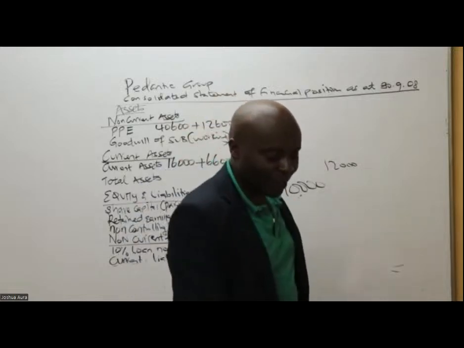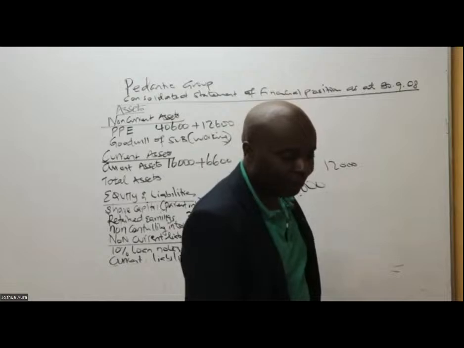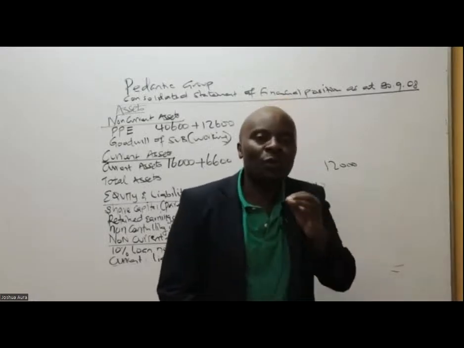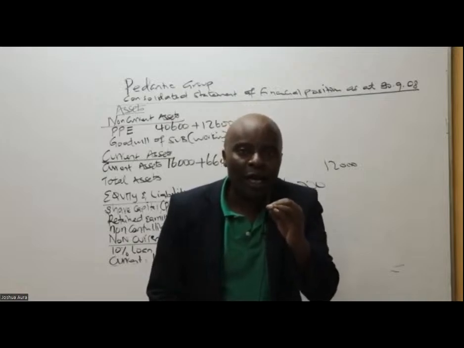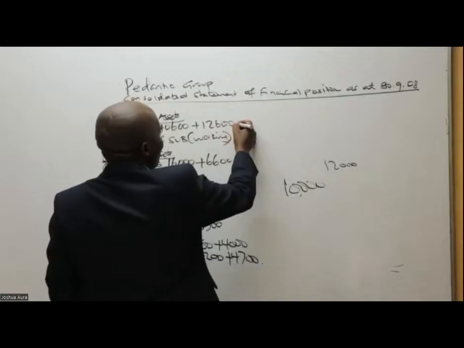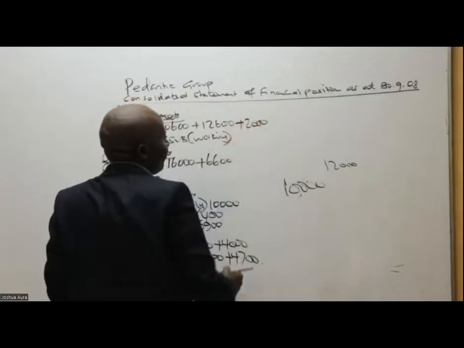We are told here, let me repeat this very well, that at the date of acquisition, the fair value of Sophistic's assets, fair value is the same as market value, were equal to their carrying amount, with the exception of an item of plant, which had a fair value of 2,000 in excess. So it's a revaluation upward. And because this is a revaluation upward, we've said we shall boost our property, plant, and equipment. Boosting means you come and add. So come here, and then you say, plus 2,000.